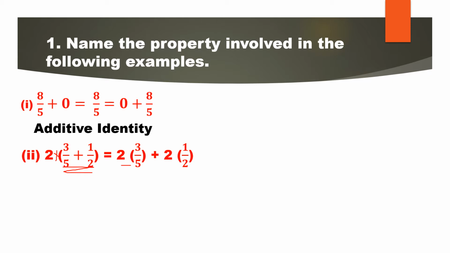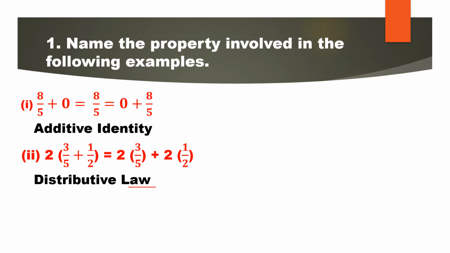He is giving this 2 to 3 by 5 as well as to 1 by 2. 2 is distributed to 3 by 5 as well as 2 is distributed to 1 by 2. In between there is a plus symbol. So this 2 is distributed to both of them, right? If it is distributed, then it is the distributive property, or you can say the distributive law.